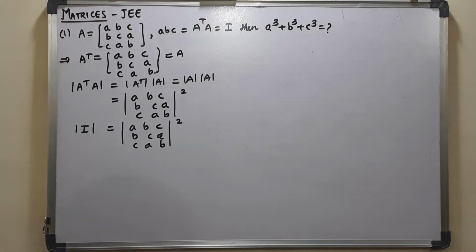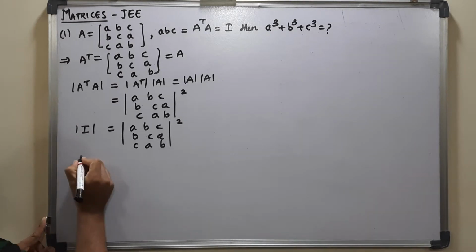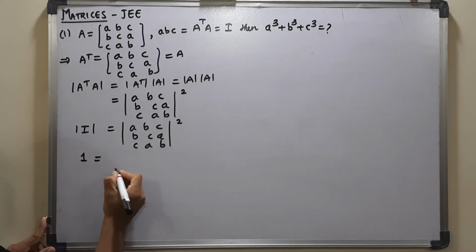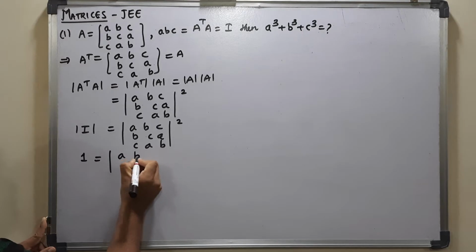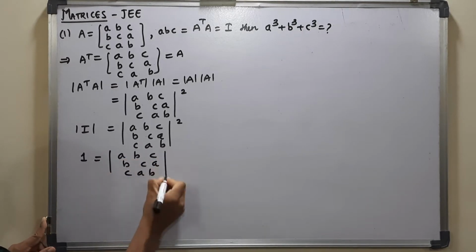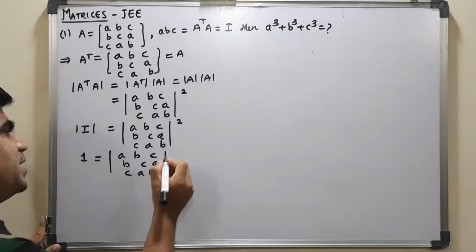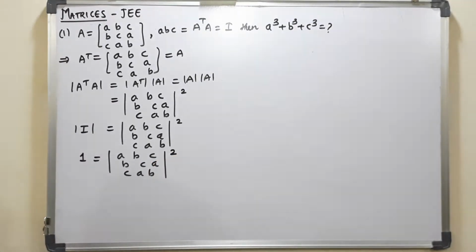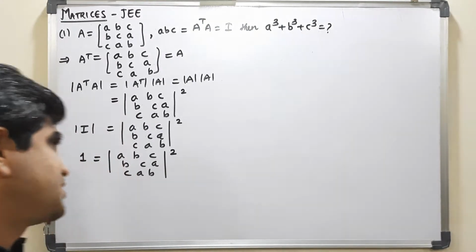It means that the determinant value of identity matrix is obviously your 1, which is nothing but this ABC, BCA and CAB. So what could be the determinant value of this, that we will see first.